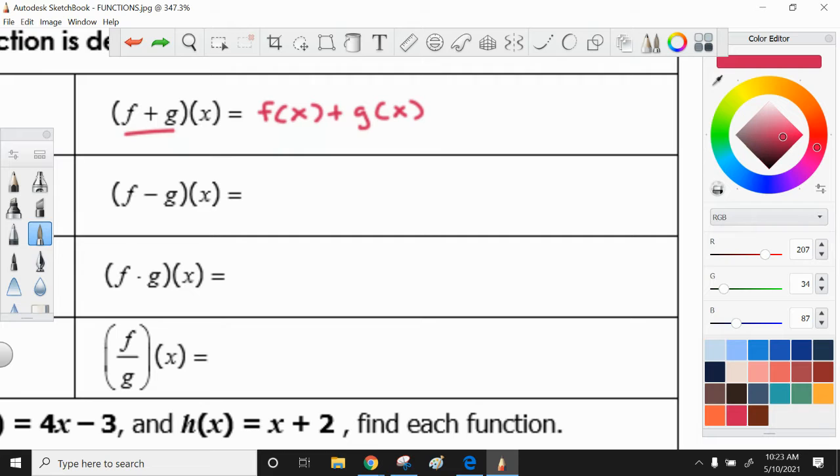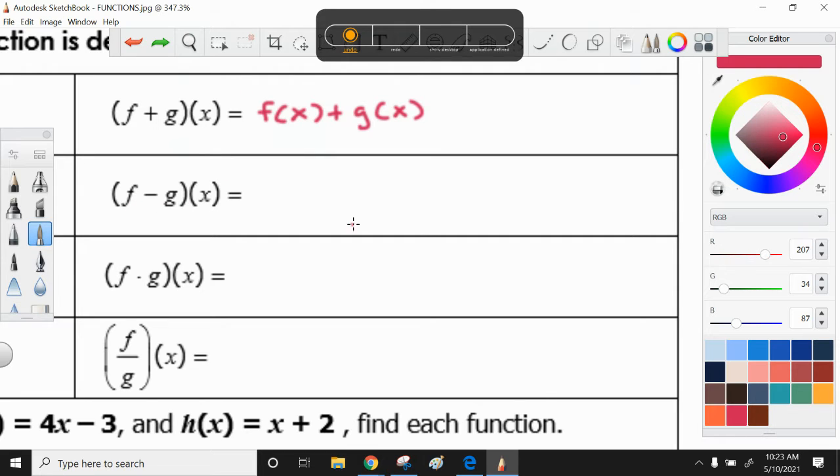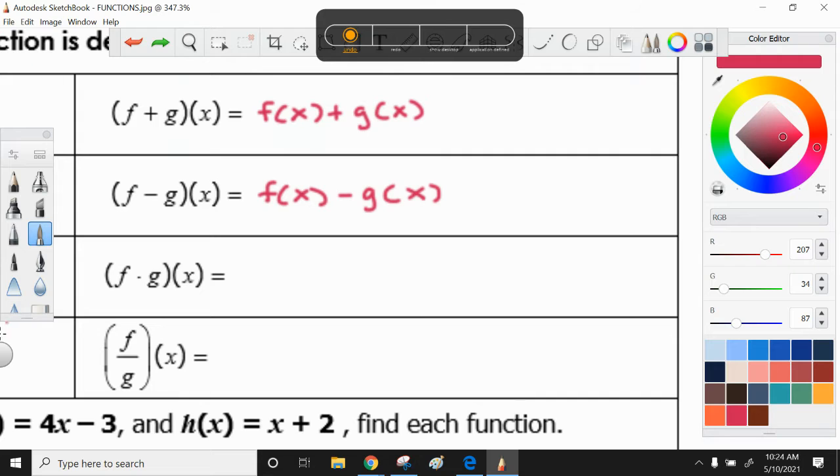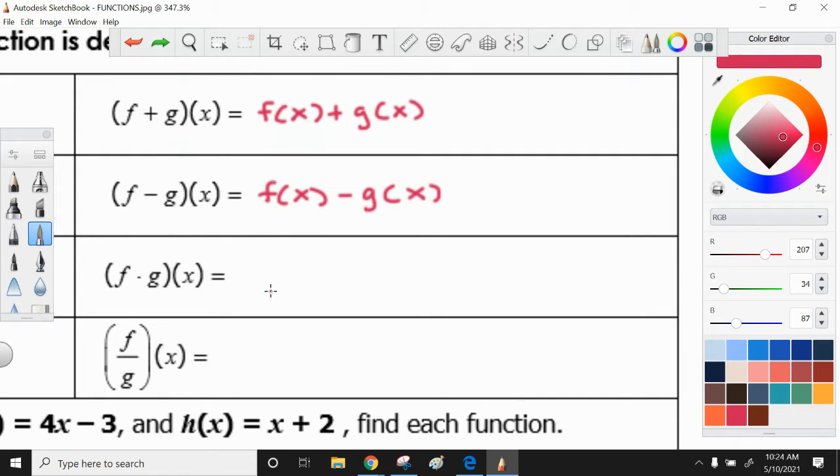It's all the same thing. So if you see f minus g, it's literally just f minus g. We don't need to overcomplicate it too much. All that we're doing over here is just trying to only have to write this x once. Again, it's just mathematicians trying to be lazy, trying to avoid writing stuff. So f times g is just f times g.